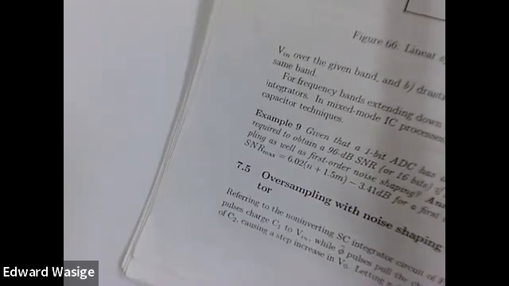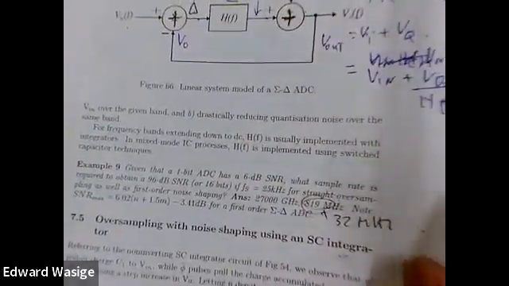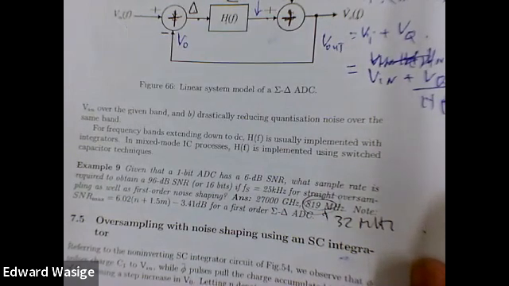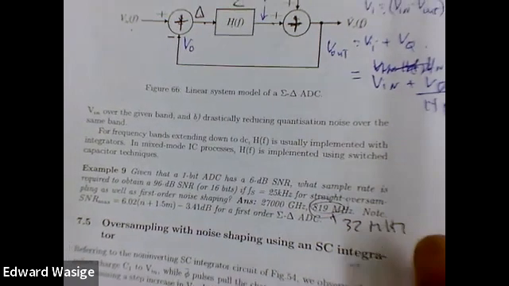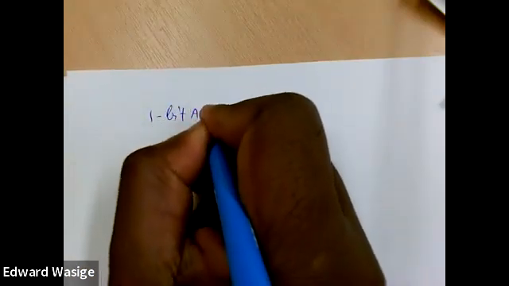Probably before we go to another question, I just wanted to go through example 9. You probably can't read that, but you hope you have access to the handout. So example 9. I'll just summarize what the question says, and I'll give pointers on how it needs to be done. We're given a 1-bit ADC.